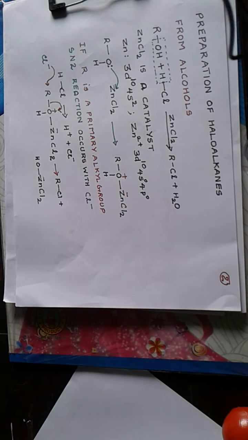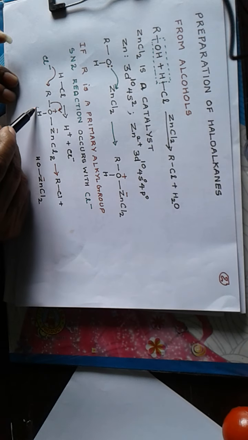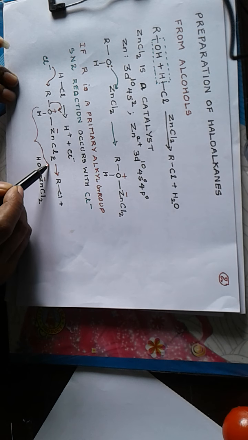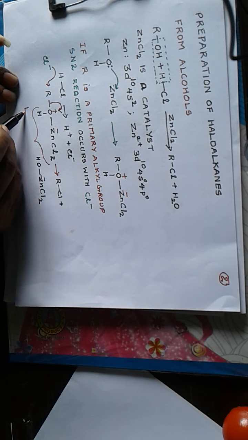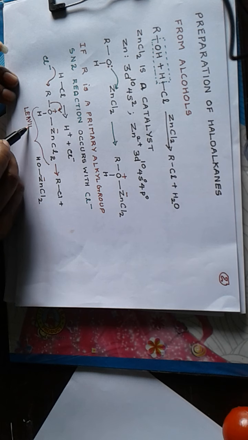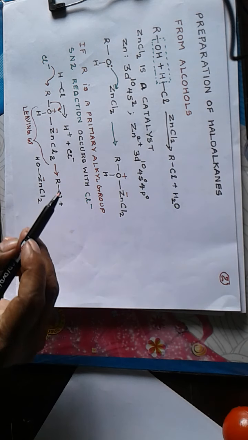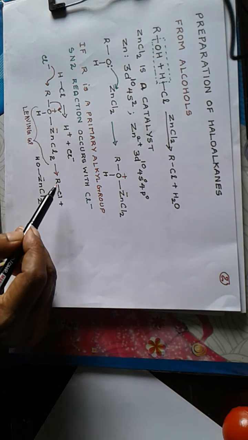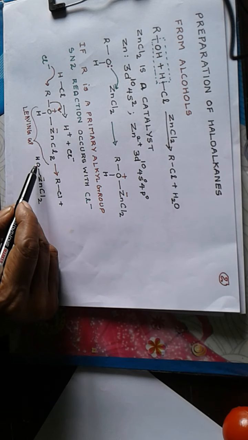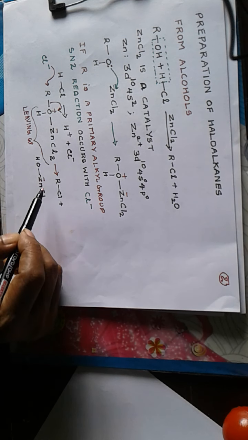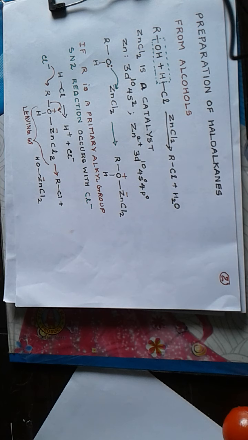So this as a whole forms the leaving group. So we get ClR or RCl and OH-ZnCl2 negative.